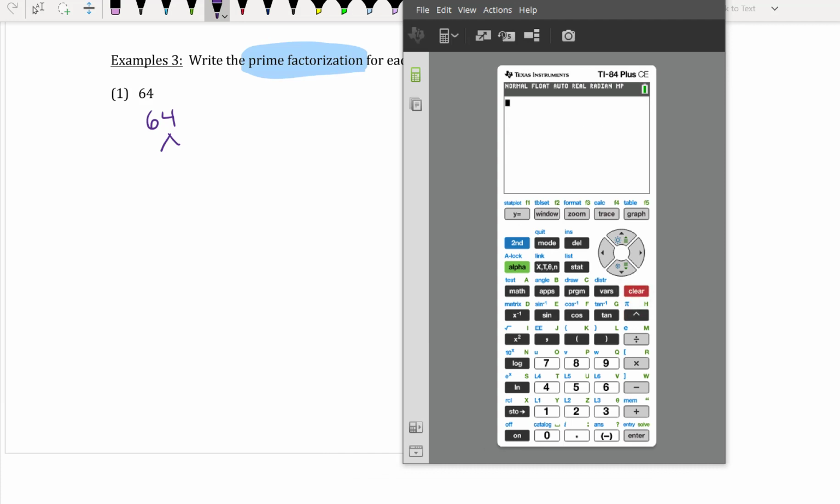Well, the fact that it ends in a 4 tells me it's going to be an even number. So I can divide by either 2 or 4. So 64 divided by, and let's just do 4, I have 16. So that means 4 times 16 gave me that 64. So perfect, 4 times 16.